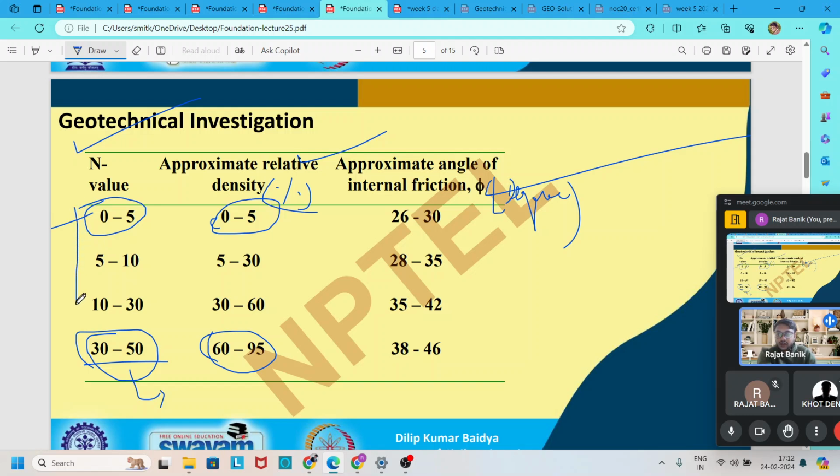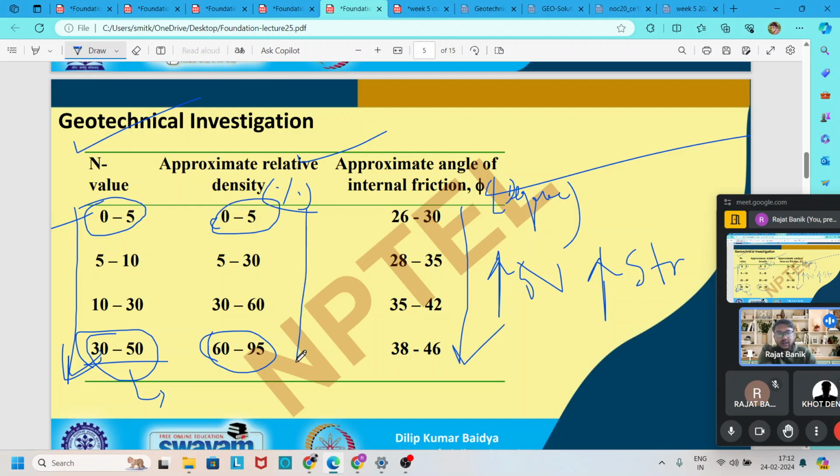So from here to here, the strength of the soil increases. That means a high SPT number means higher strength of the soil, and also a higher angle of internal friction. The relative density is also higher.